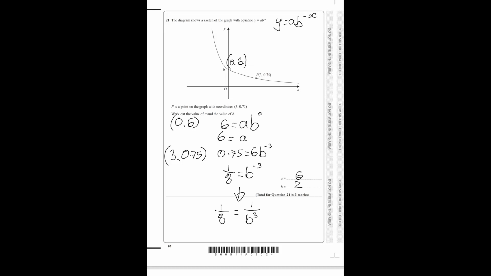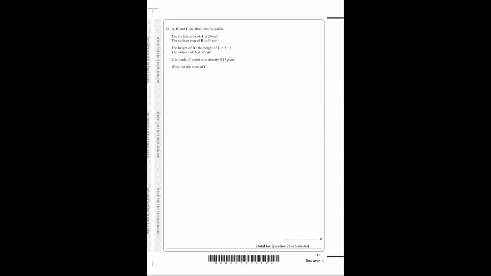Right, on to the next question, which I think is the penultimate question. What have we got? 3 similar solids. So we've got A, B and C. We've got surface area 24 and 54.